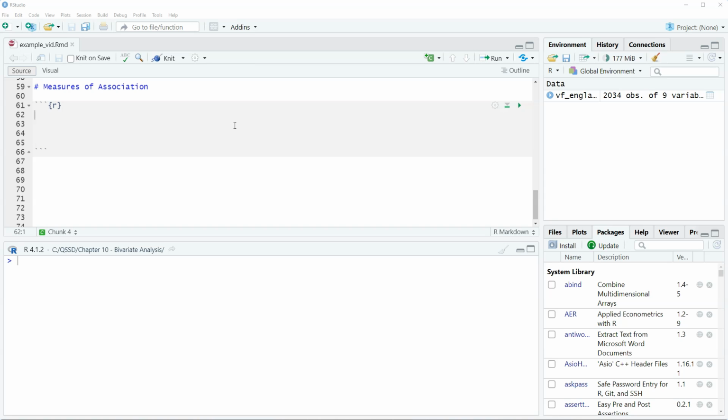The reason we look at this separately is that if we have a nominal variable, we can't talk about direction, a positive or negative effect, because a nominal variable implies there's no order. So we need slightly different measures than when we have two ordinal level variables, where we could talk about a positive and negative effect.